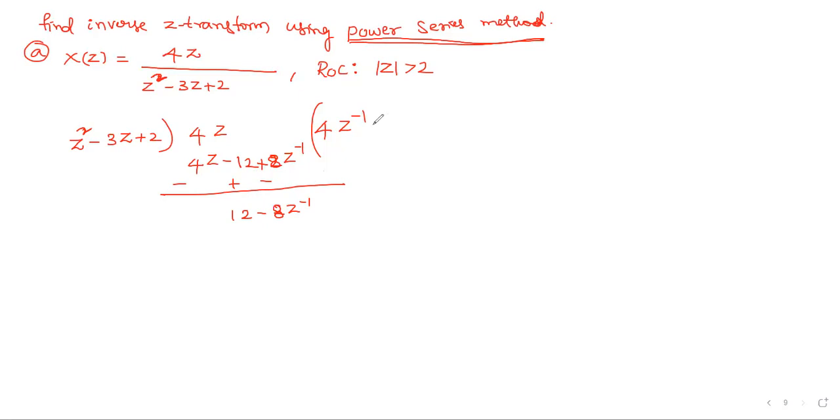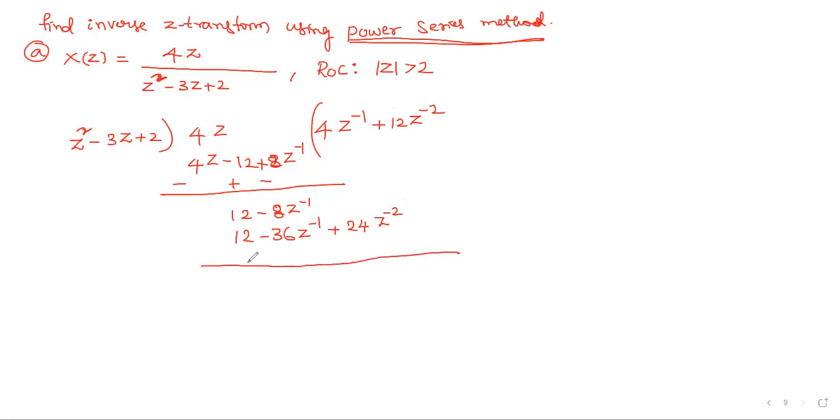What I need to do? Plus 12 into z power minus 2. So z square into z power minus 2 will become 1, and you will get 12. Minus 3 into 12, 36, z into z power minus 2, z power minus 1. Plus 2 into 12, 24, z power minus 2.